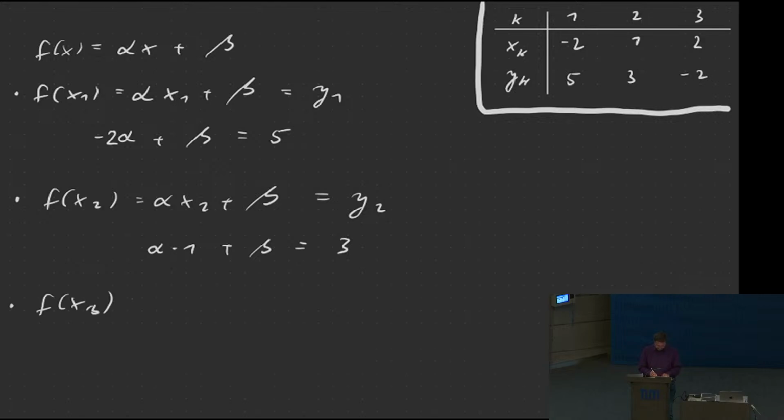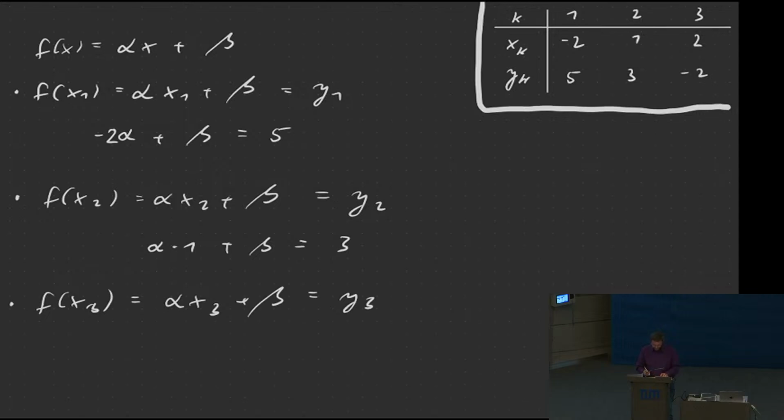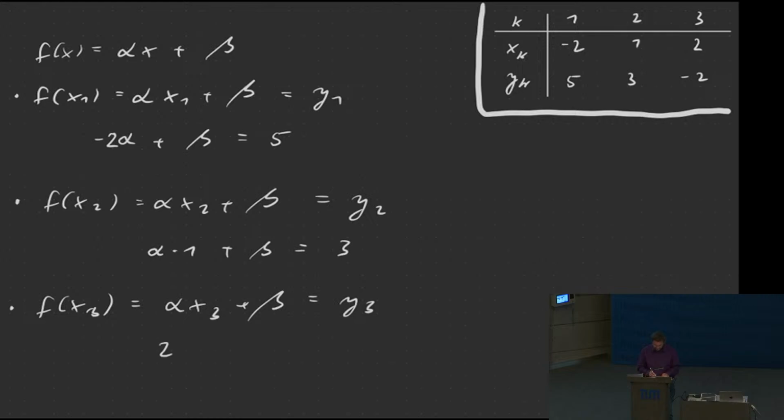And then we get f of x3 equals alpha x3 plus beta equals y3. So x3 is 2, that means 2 alpha plus beta equals, and y3 is minus 2, so that equals minus 2. Right, so we have these three equations, and if you do the computations, you'll see the system is infeasible.